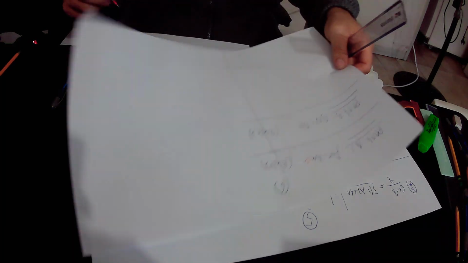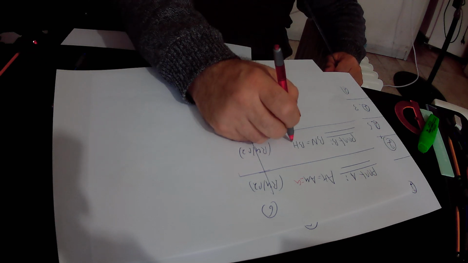So we found out that BN equals BH equals B.